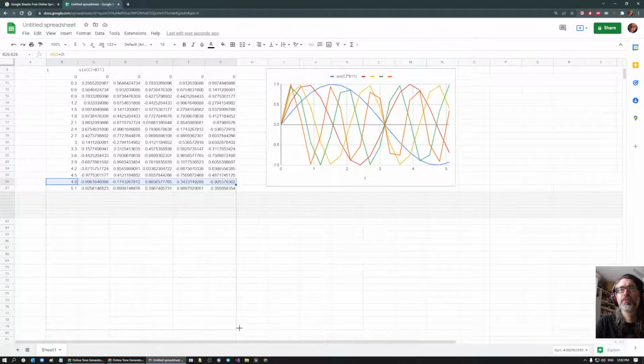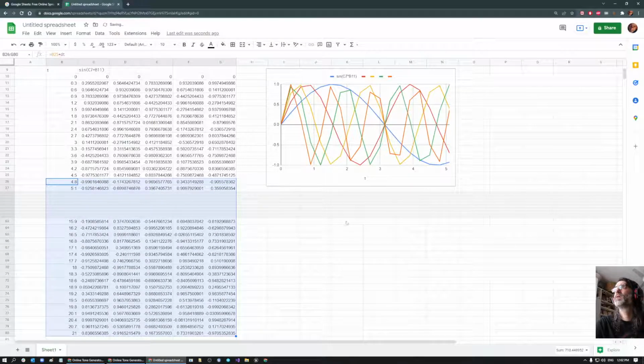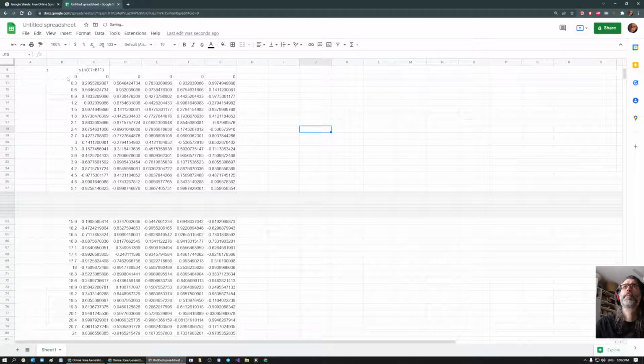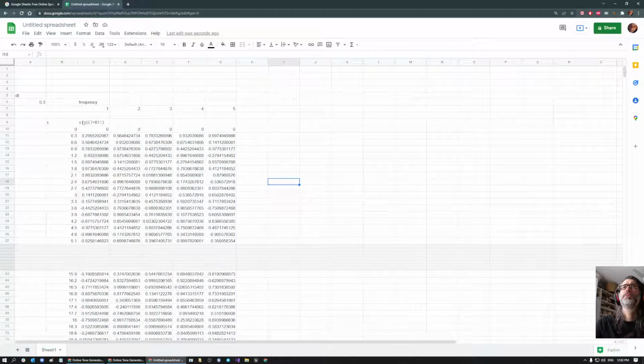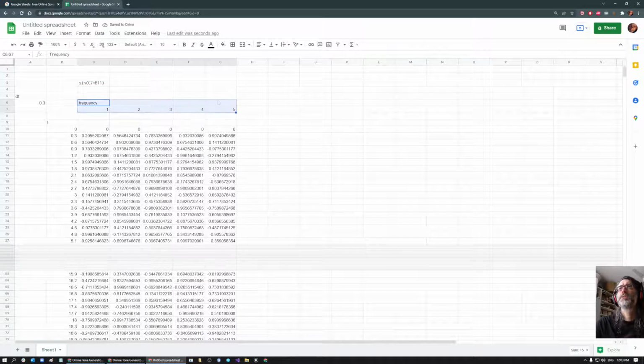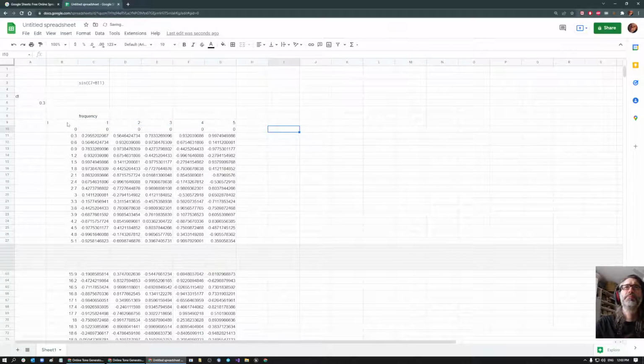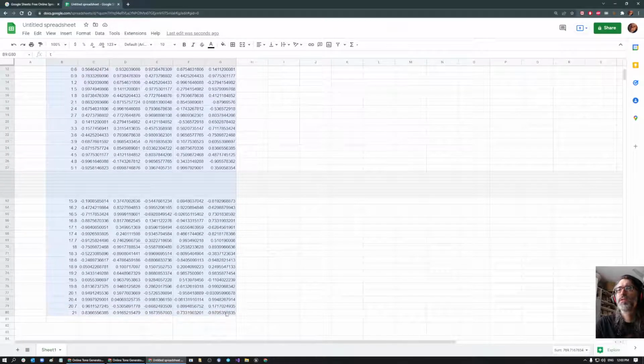Now I can do this to get more lines. And let's try again. Yeah, don't need this. Can bring this like this and pick up also the first line.